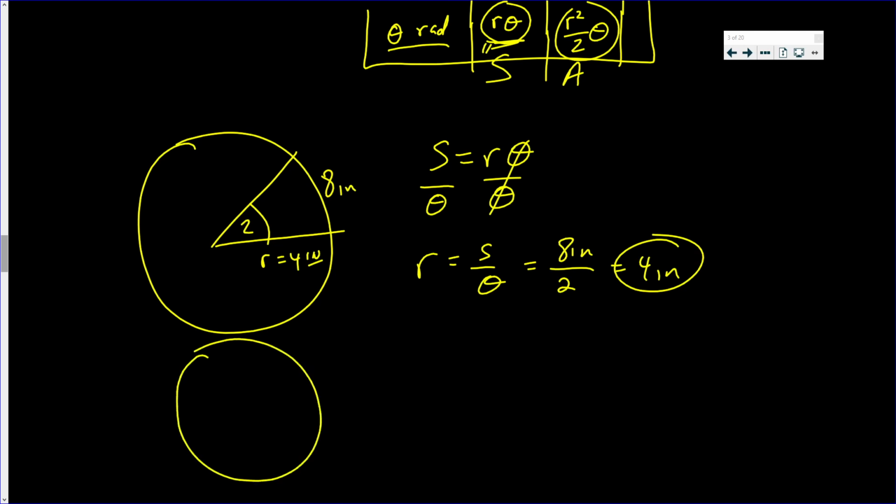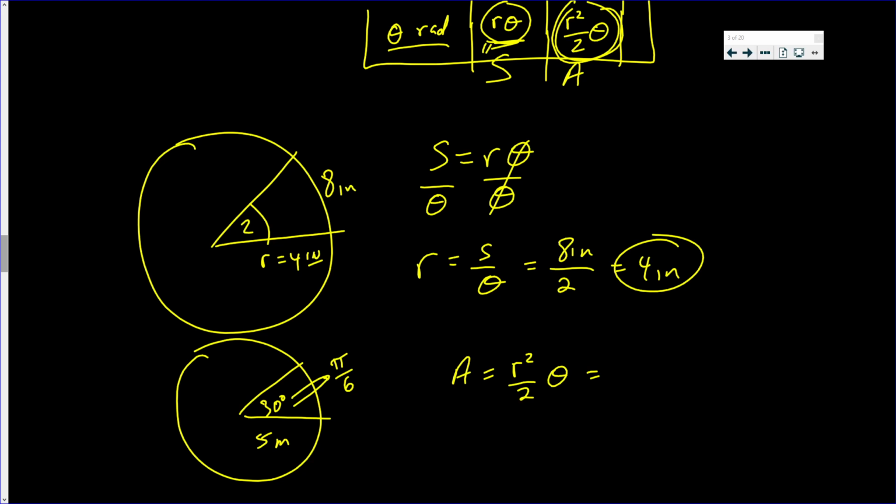Okay. Here, I'm telling you that the angle is 30 degrees. The radius is 5 meters, and I want you to find the area. Well, the area is simply r squared over 2 times theta, but it must be in radians. 30 degrees is 180 divided by 6.